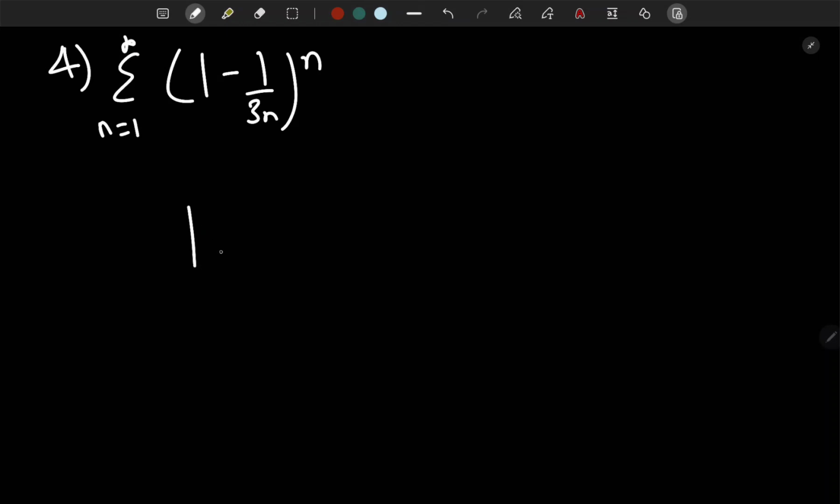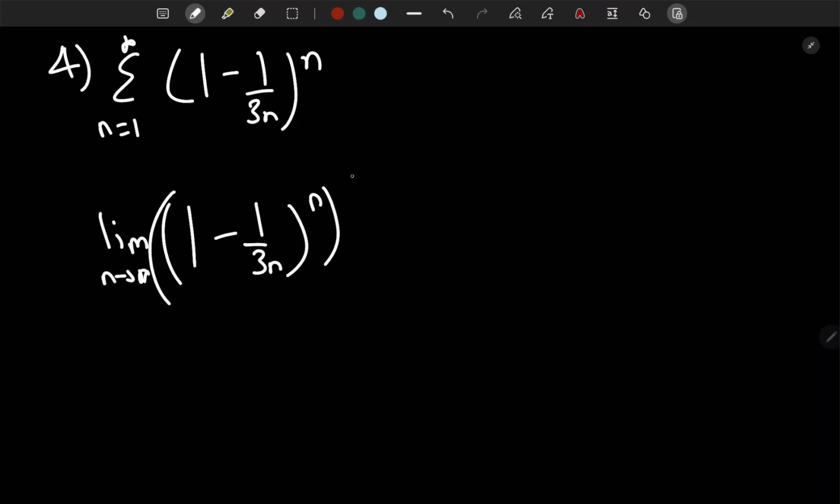We're going to get the limit as n approaches infinity of 1 minus 1 over 3n, and this entire thing to the power of 1 over n. These two cancel out, so we are just left with 1 minus 1 over 3n, which as n approaches infinity is 1 minus 0, which is equal to 1, meaning that it is inconclusive. So here's an example where the root test does not work.